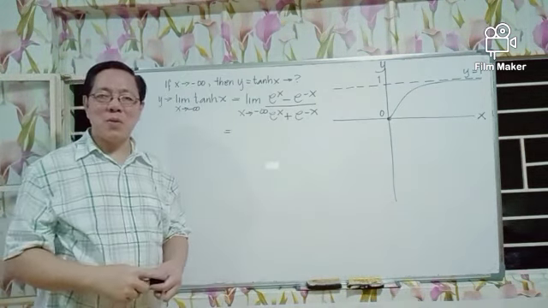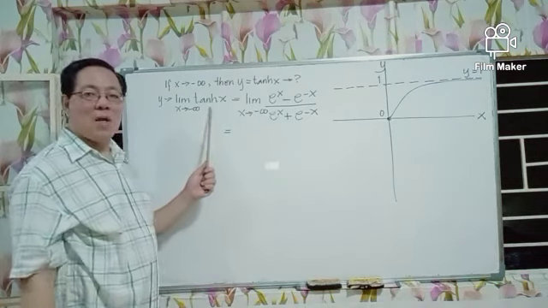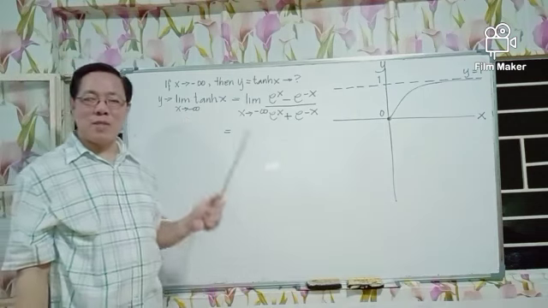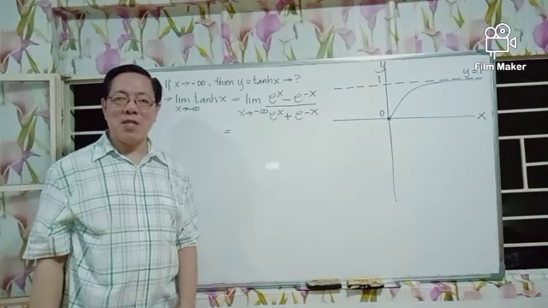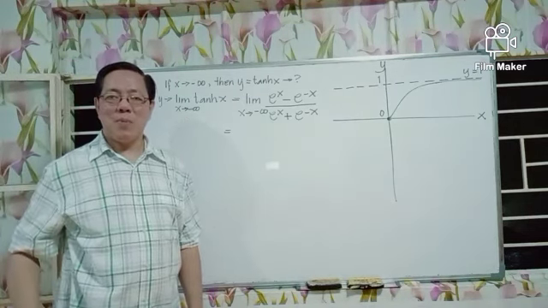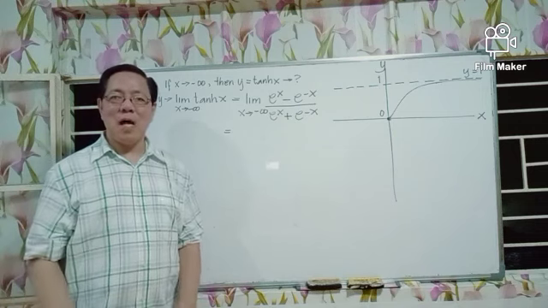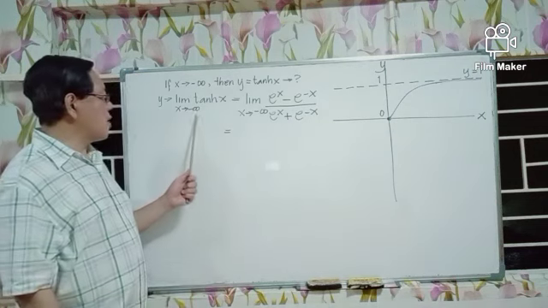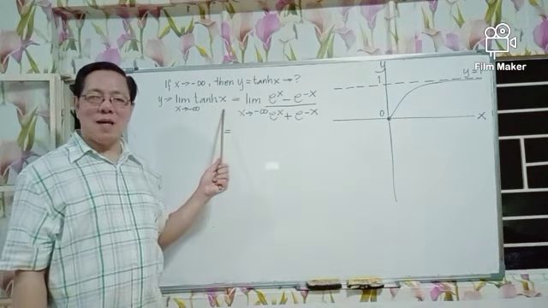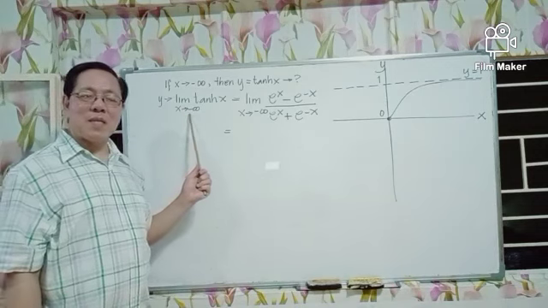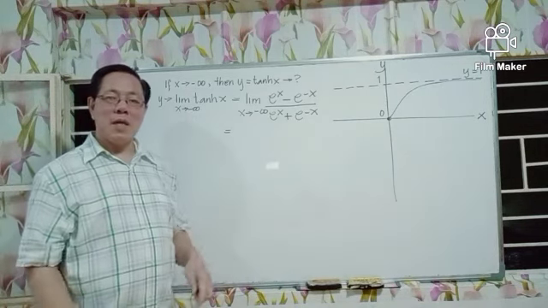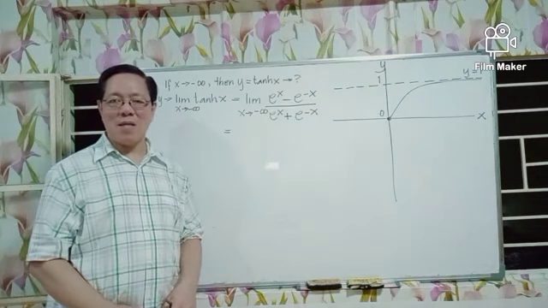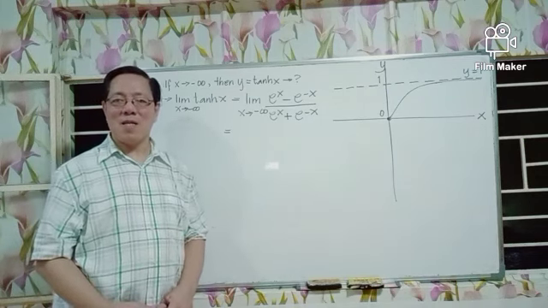But another way to find the limit of hyperbolic tangent of x as x approaches negative infinity is to use the fact that hyperbolic tangent of x is equal to hyperbolic sine of x over hyperbolic cosine of x. So using that ratio, the limit of hyperbolic tangent of x as x approaches negative infinity is equal to the limit as x approaches negative infinity of hyperbolic sine of x over hyperbolic cosine of x.